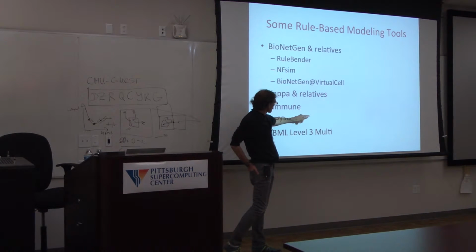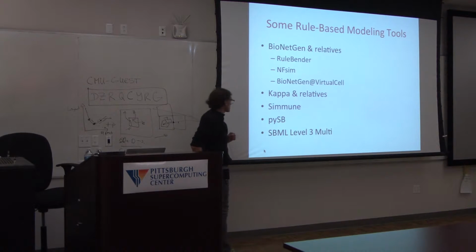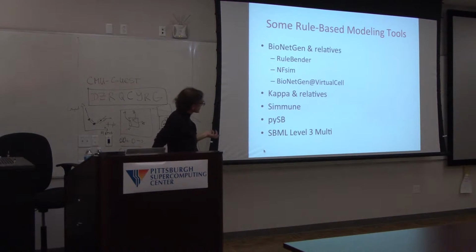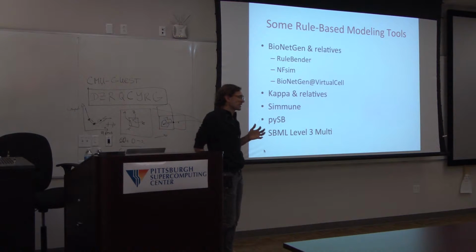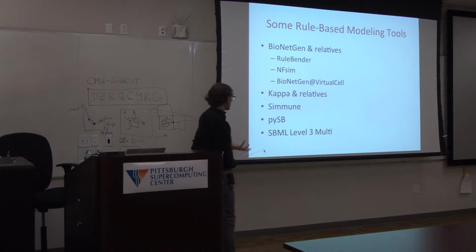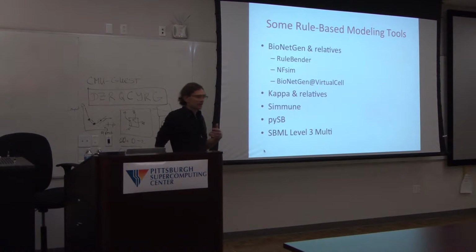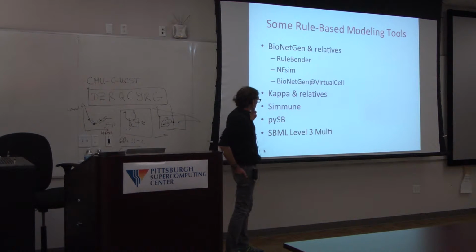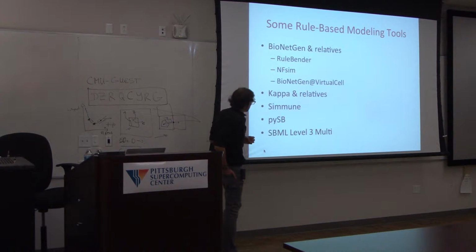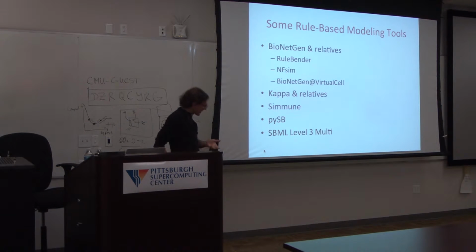Simmune is a tool that lets you build rule-based spatial models and simulate them using a completely graphical interface, which has its pros and cons. To make complex models in the graphical interface takes a considerable amount of time to craft them, and at the same time, they're intuitive in a lot of ways, the ways of constructing interactions.